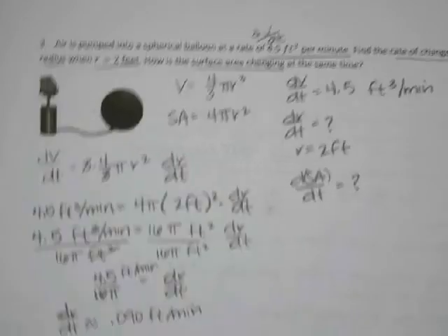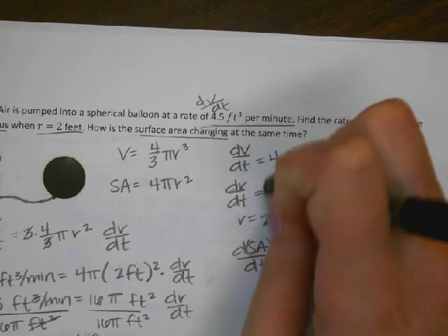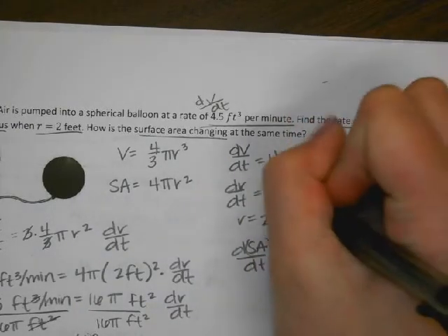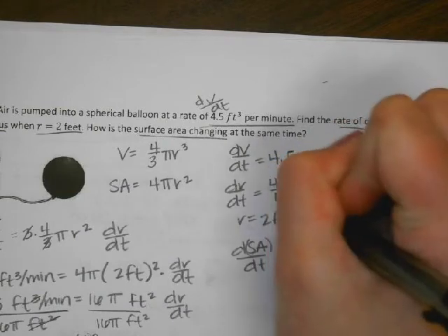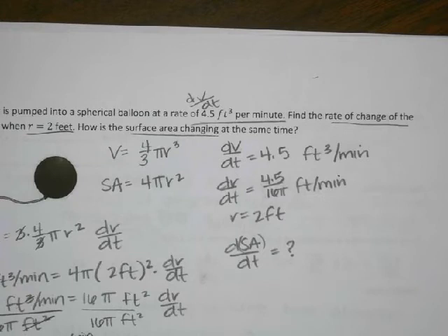Now I know that dr/dt is 0.090. I'm actually not going to use 0.090, I'm going to use that exact answer, feet per minute. And so now I can go back and look at the rate of change of the surface area with respect to time.